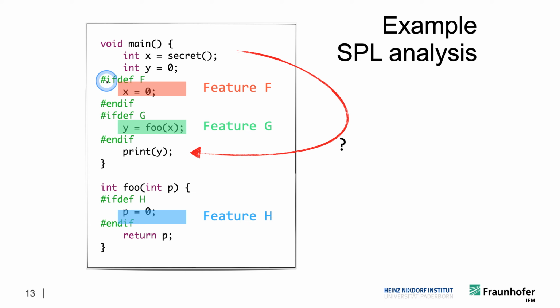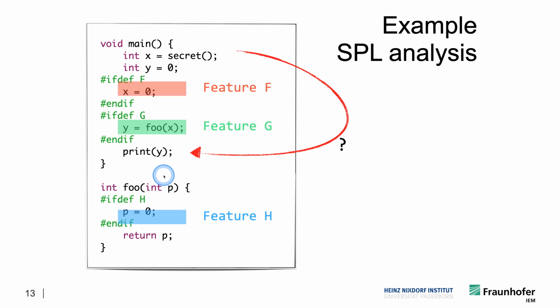In particular, we here have an ifdef F that guards this line of code, ifdef G guards this line of code, and ifdef H guards this line of code. What this means is that at compile time, when you actually compile this particular file, you can select whether any of these features or also a combination of them should be enabled.